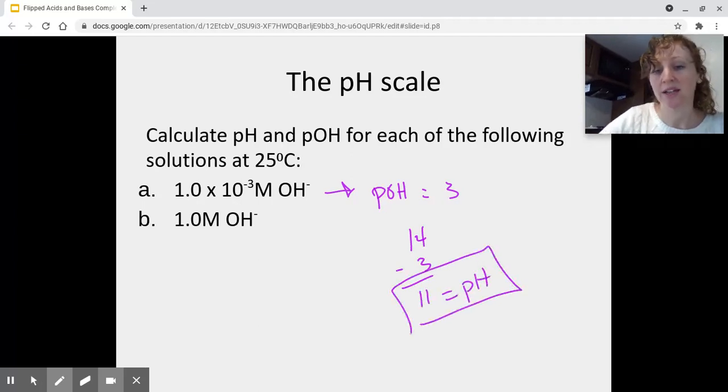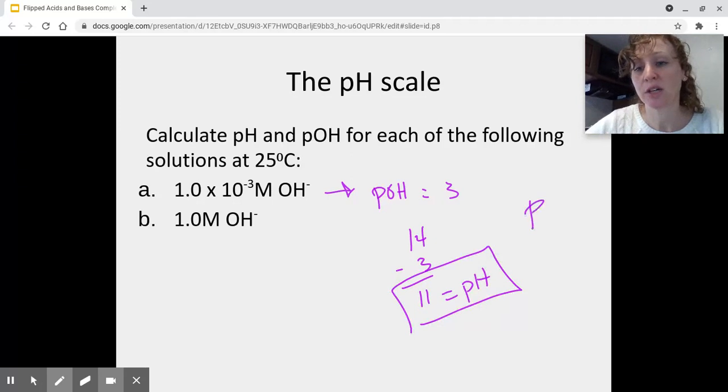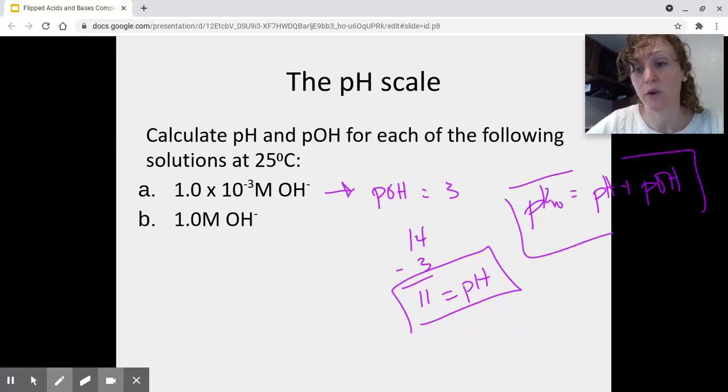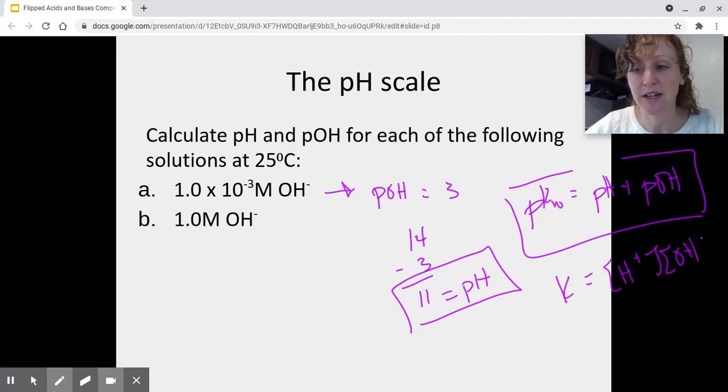So again, you don't need that relationship of pKw equals pH plus pOH, but it's going to be a time saver for you in certain circumstances when you're trying to decide between the two equations what's going to be faster. It helps to have them both in your pocket.